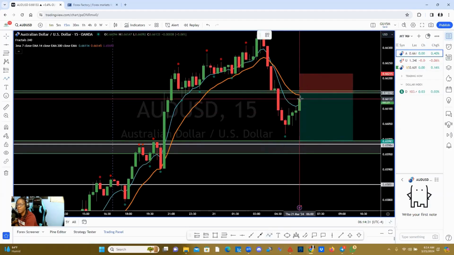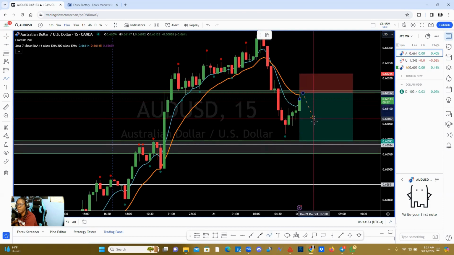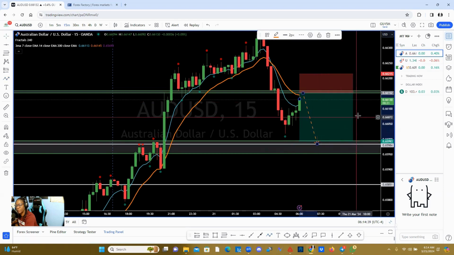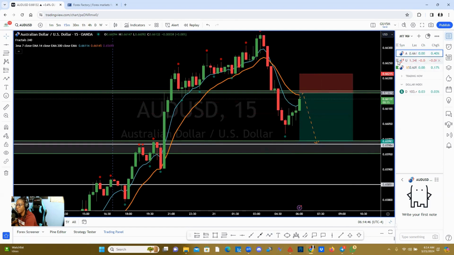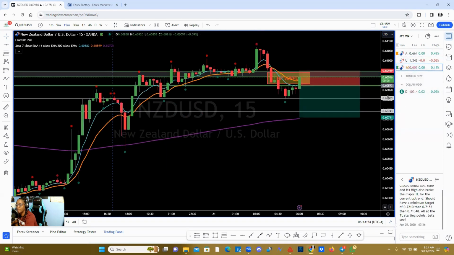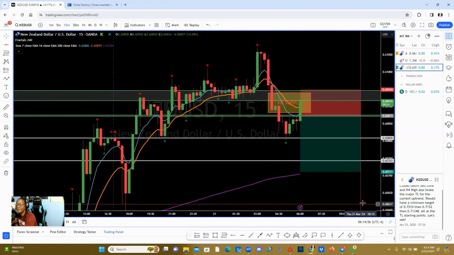So for now, I'm looking for price to come up in here and head down into at least this demand over here. That's what I'm looking at on the Australian dollar, right? So I'm watching that. Sorry, that's the Australian watch. New Zealand dollar, I am short.